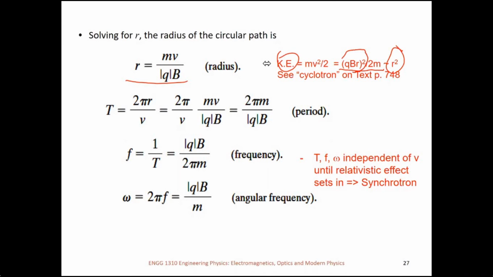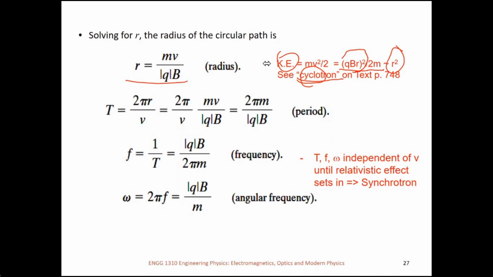So what does that mean? That means if you want a charged particle moving in a magnetic field to have very high kinetic energy, you should make its rotation have a larger radius. That's why we are building the technology called a cyclotron. Cyclo means rotational, right?